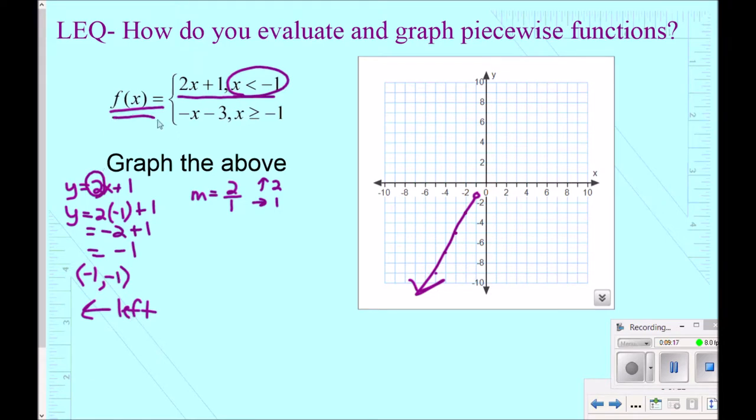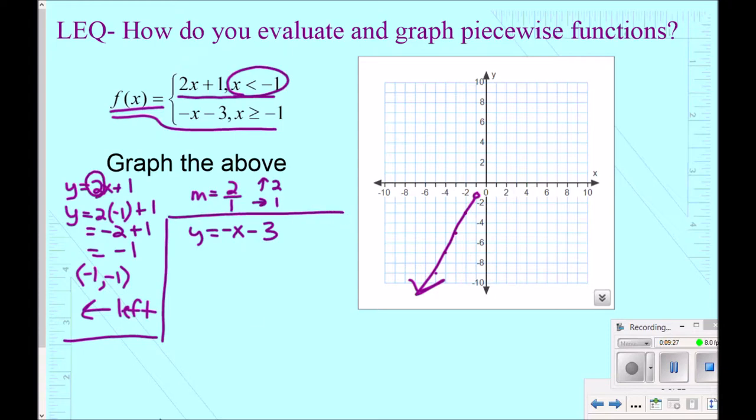Now we're going to graph the second piece, which is y equals -x minus 3. So once again, that is a line, but it's only going to be a piece of a line. So to figure out what piece, I'm going to input -1 in for x. So y equals the opposite sign. I'm inputting -1 for x minus 3.